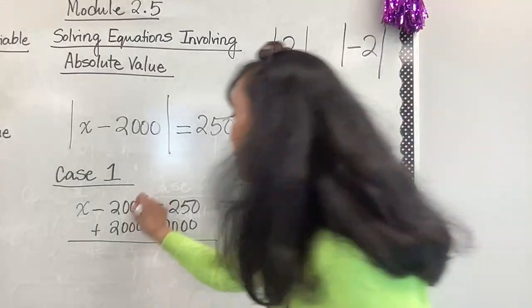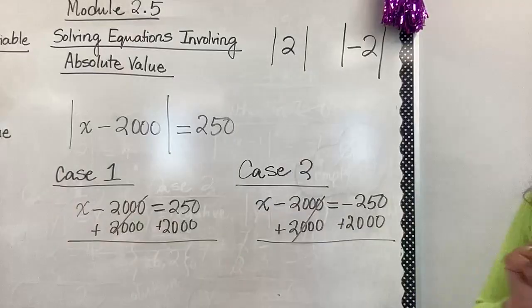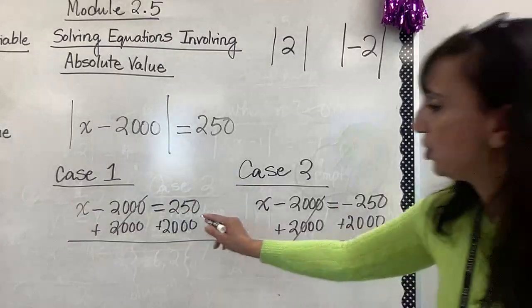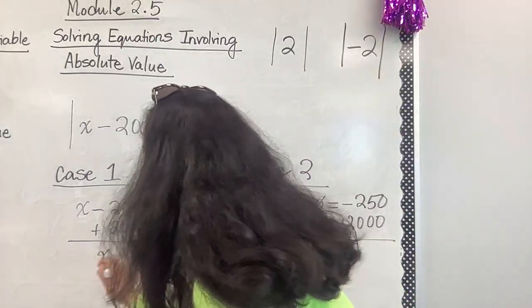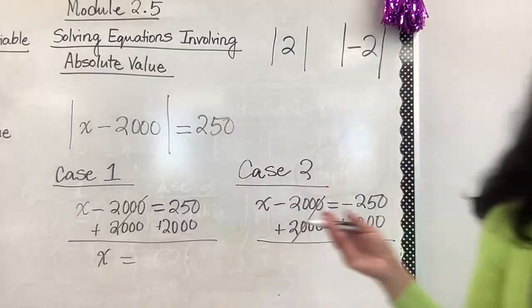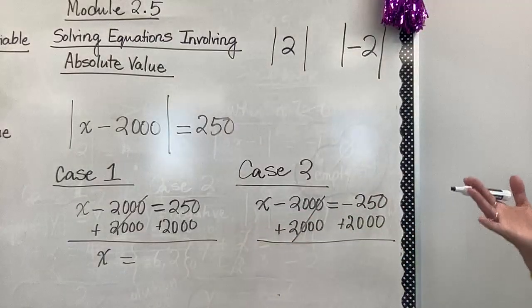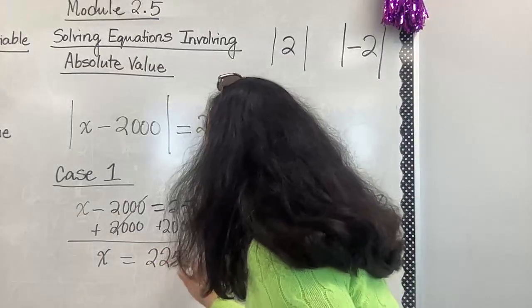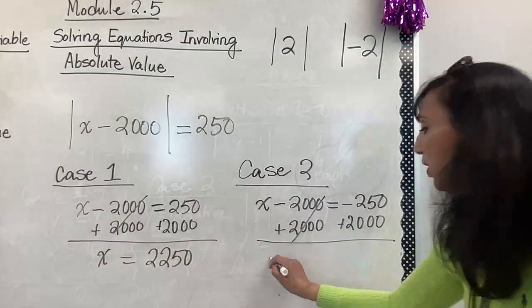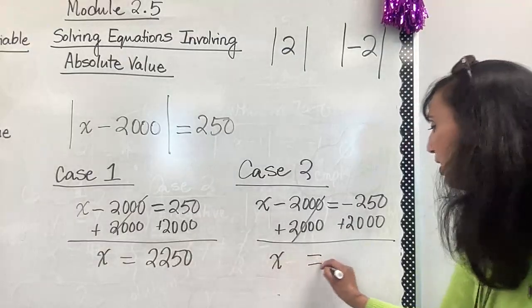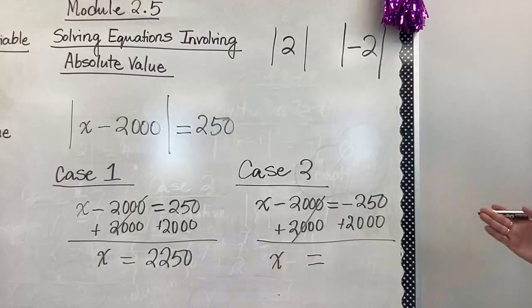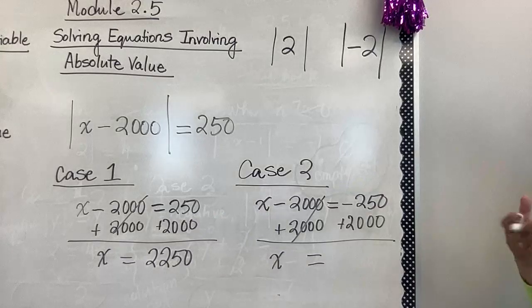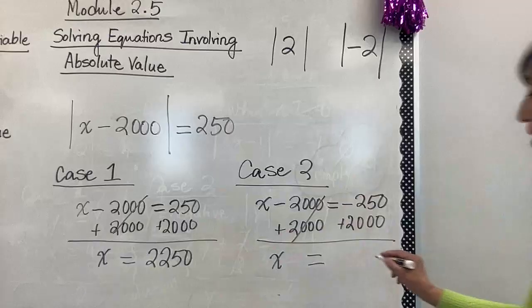All right, so 2,000 minus 2,000, and then if I have 250 plus 2,000, X is equal to what do I get? I get 2000 plus 250, I get 2250. And over here I get X is equal to negative 250 plus 2000.